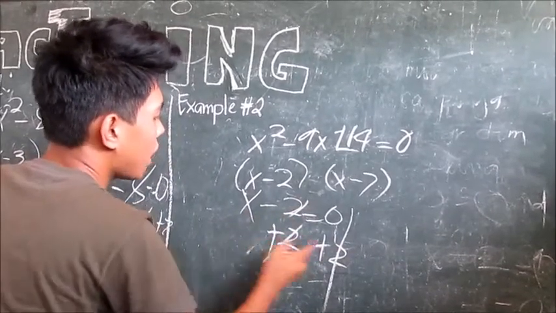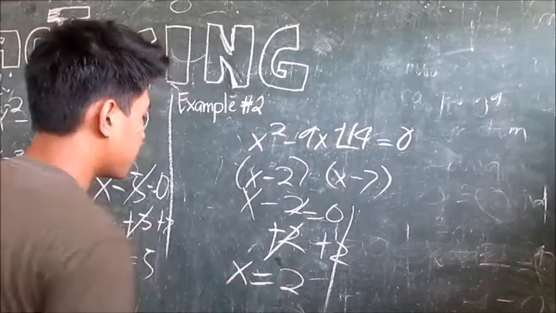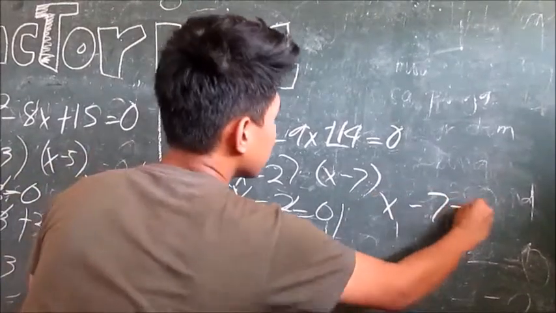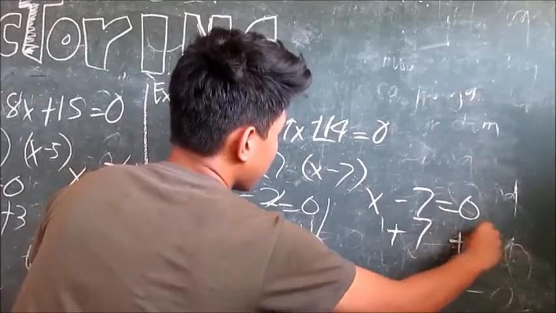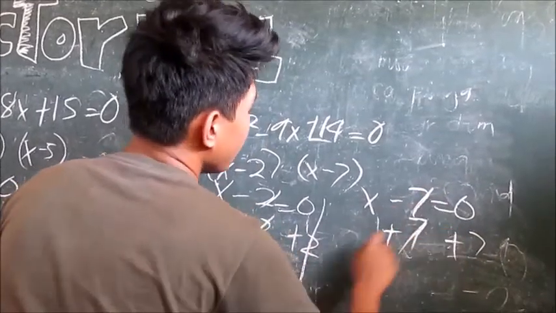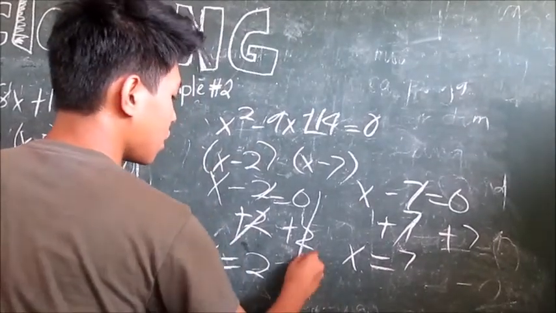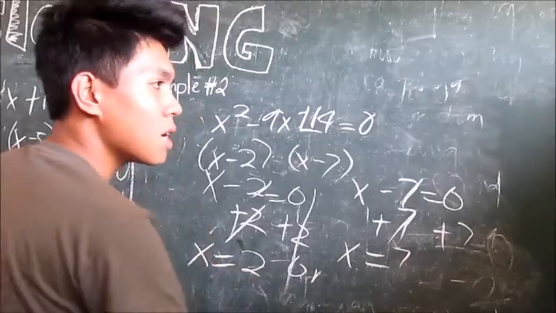Crush them out. So we have x equals 2. And also like this one, x minus 7 equals 0. Put a 7 and put a 7 and crush them out. We have x equals 7. So we have two equations: it's either x equals 2 or x equals 7.